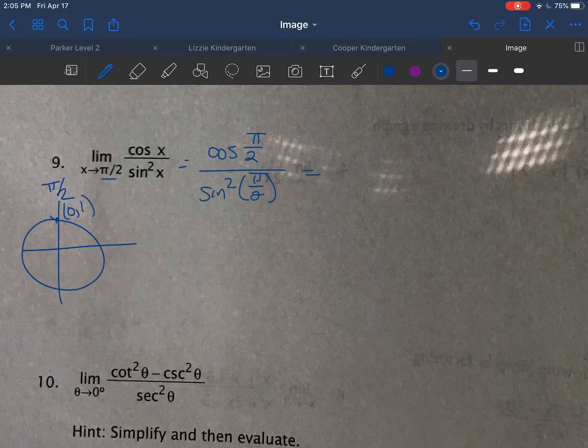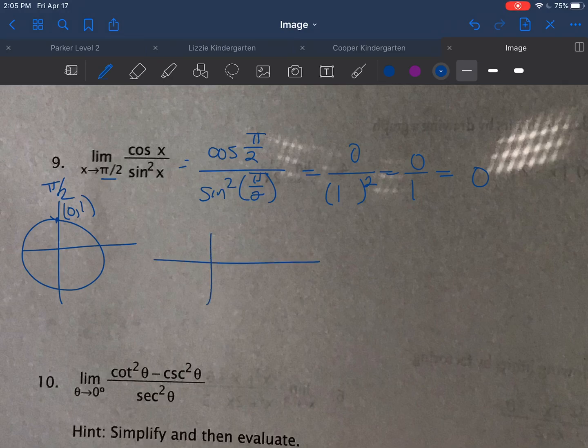And we said that in your coordinate point, it always goes cosine comma sine. Again, you can type this into your calculator if you like. Make sure if you're typing in pi over 2, you're in radian mode though. So the cosine of pi over 2 is 0. The sine of pi over 2 is 1, and we're going to square that because it's sine squared. So we get 0 over 1 squared, which is 0 over 1, which is just 0. So the limit of this is 0.